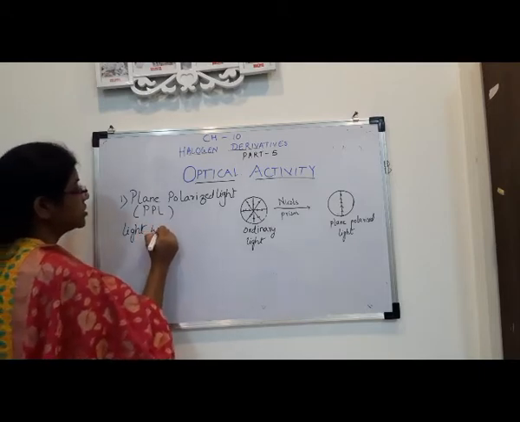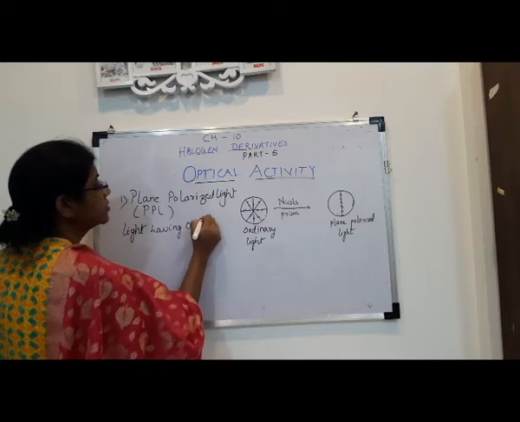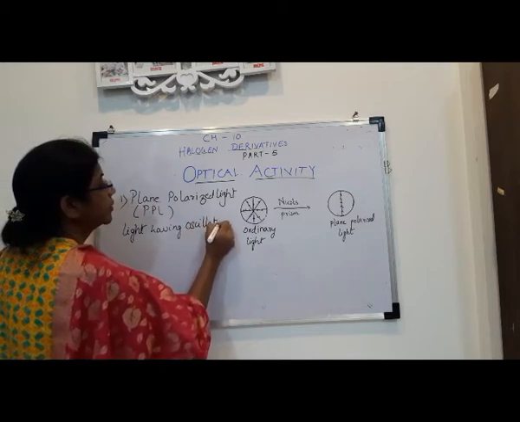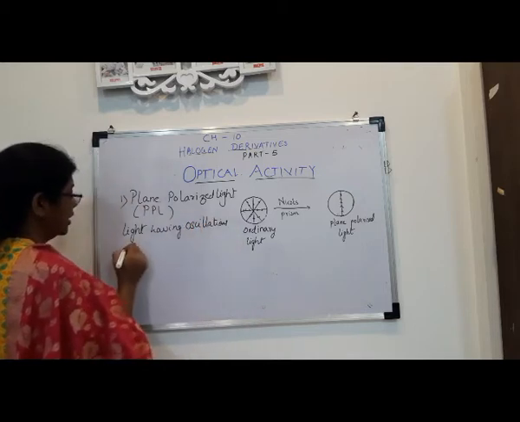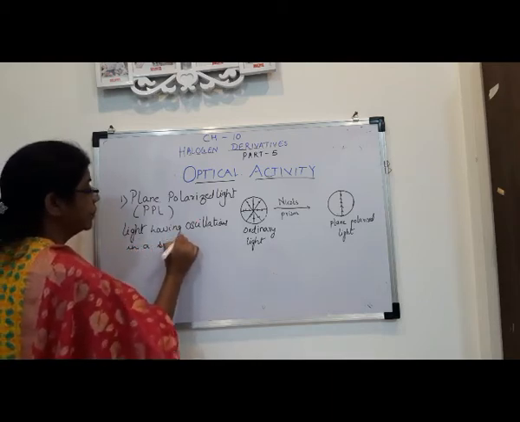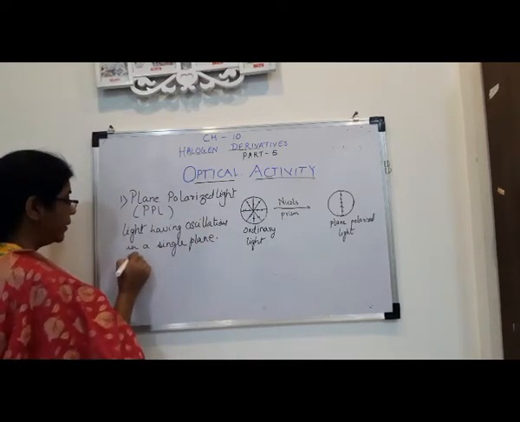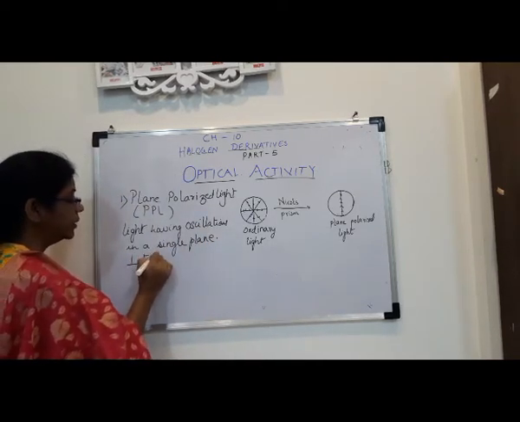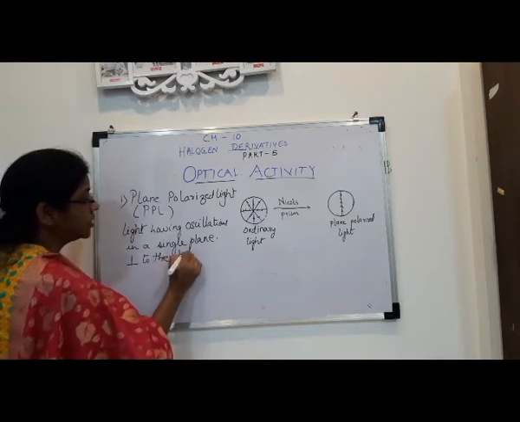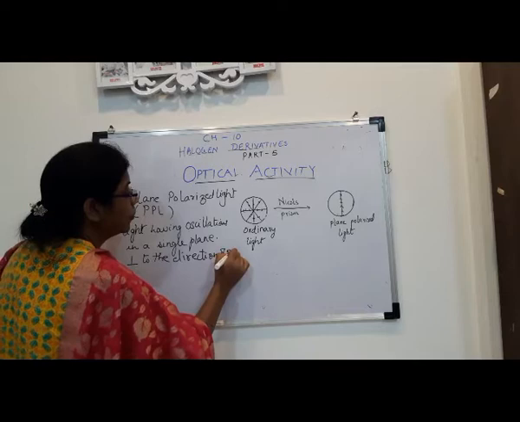So plane polarized light is a ray of light having oscillations in a single plane perpendicular to the direction of propagation.